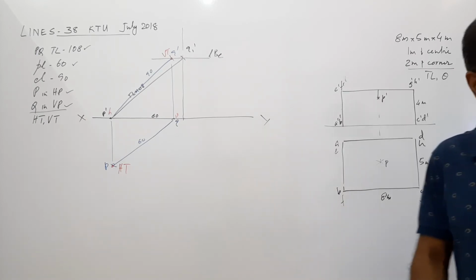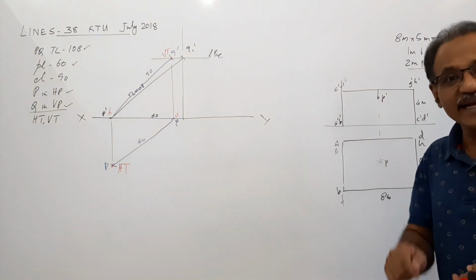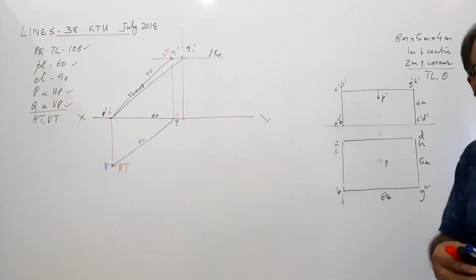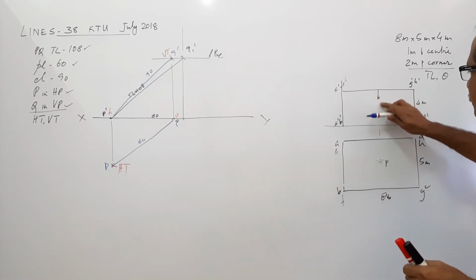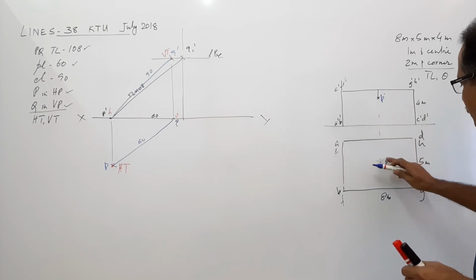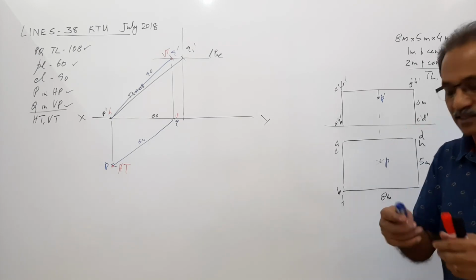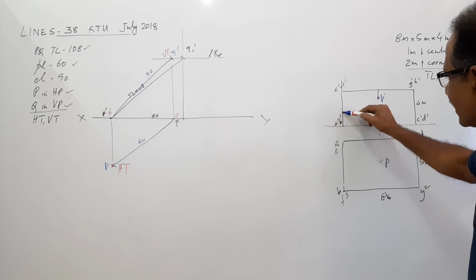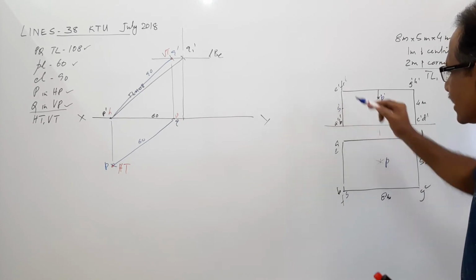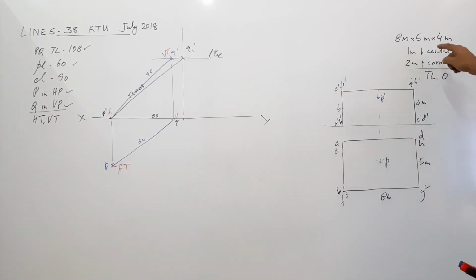B is the bottom corner, F is the top corner. The switch is 2 meter above the corner. So this is the plan of the switch, and here is 2 meters above, its elevation. The total height is 4 meters.